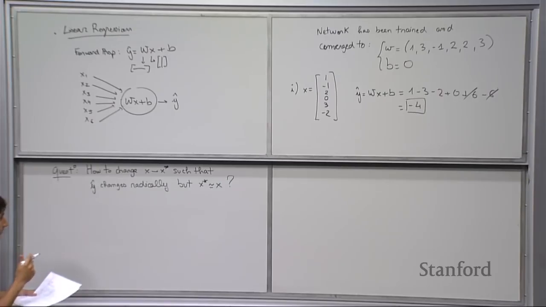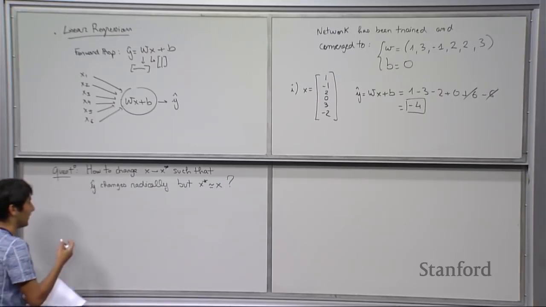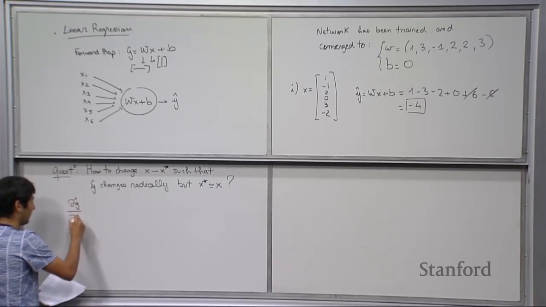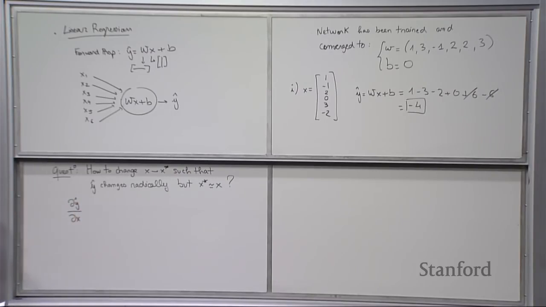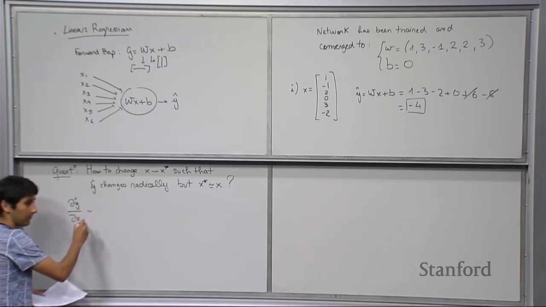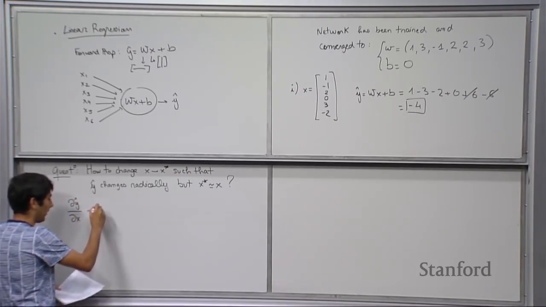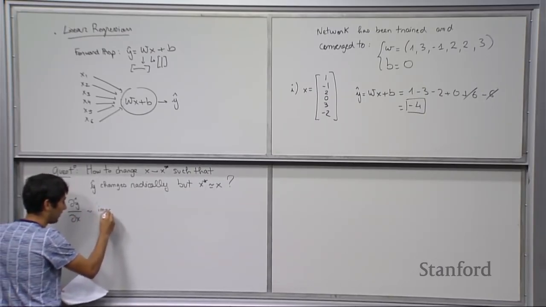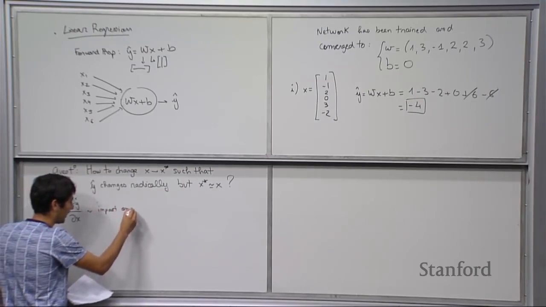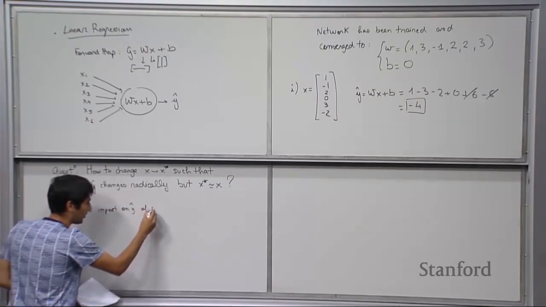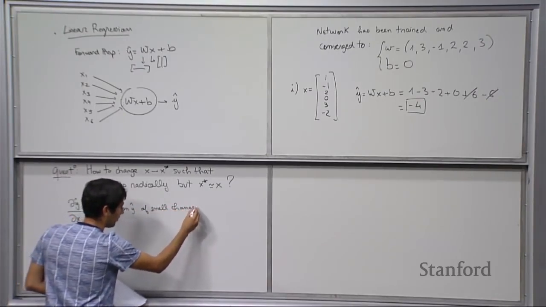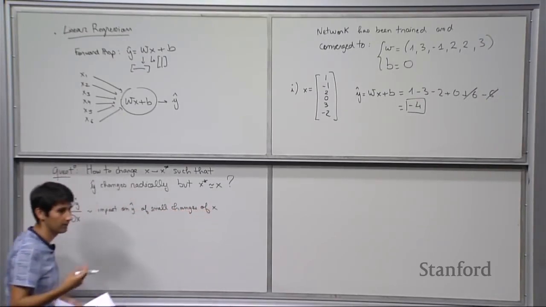And the intuition comes from the derivative. If you take the derivative of y hat with respect to x, the definition of this term is correlated to the impact on y hat of small changes of x, right?